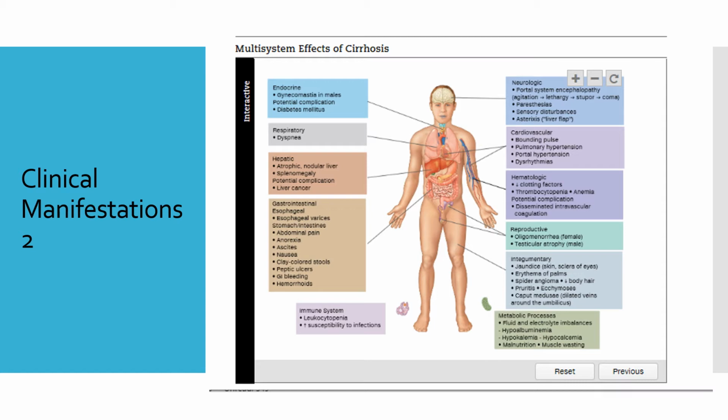That leads to agitation, which then progresses to lethargy, stupor, and coma. There are sensory disturbances, and they can have asterixis, which is called liver flap. We talked already about endocrine a little bit.